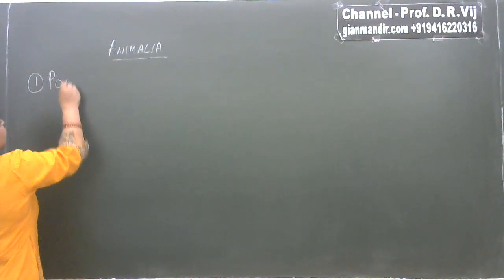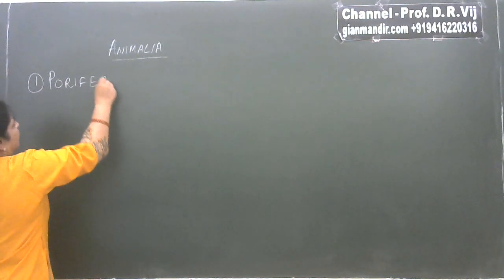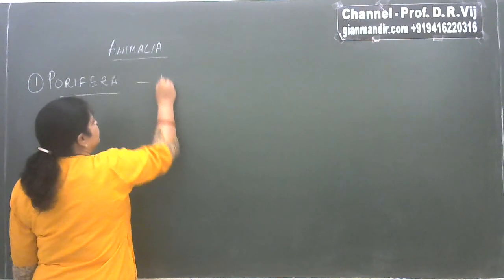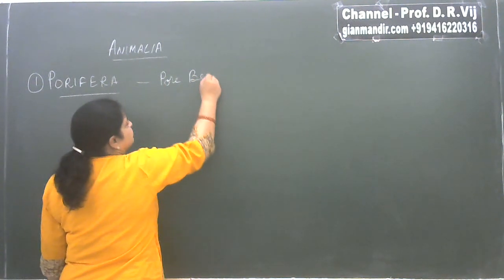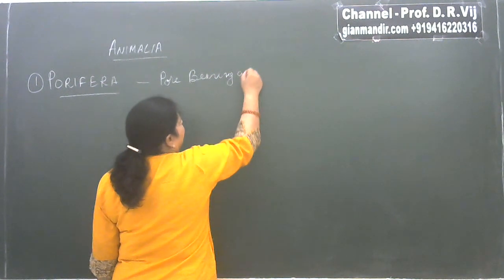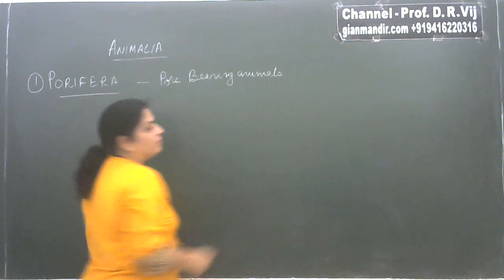So the first phylum of the animal kingdom is Porifera. You can see these are pore bearing animals, having pores all over their body.